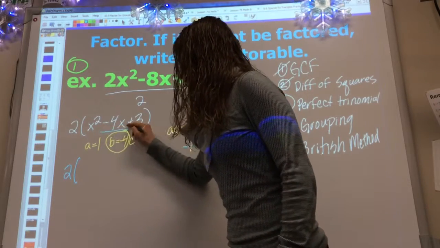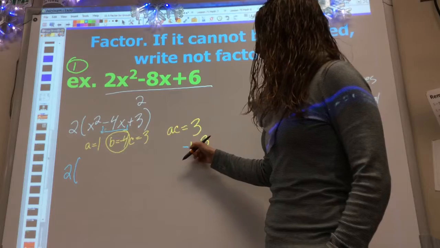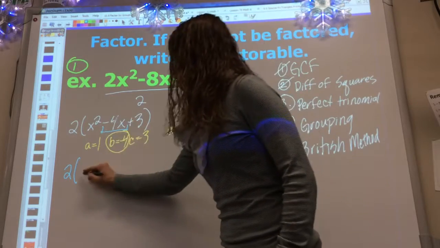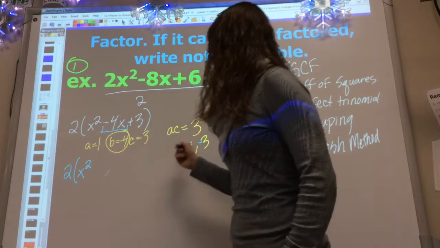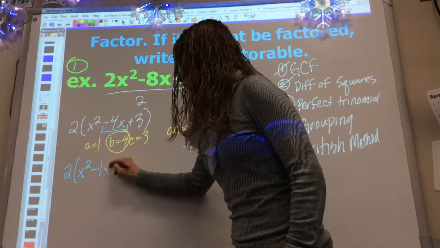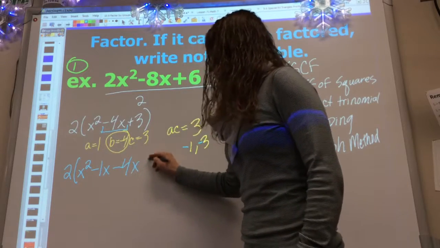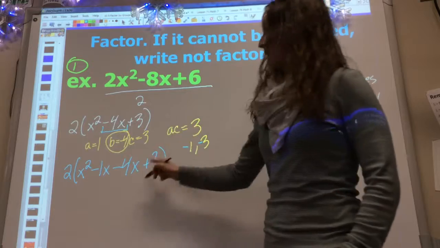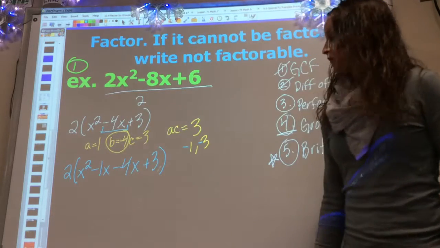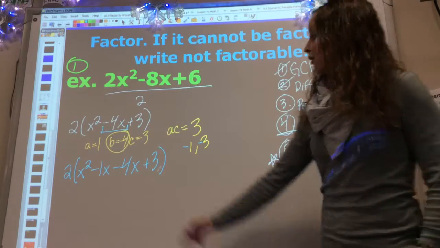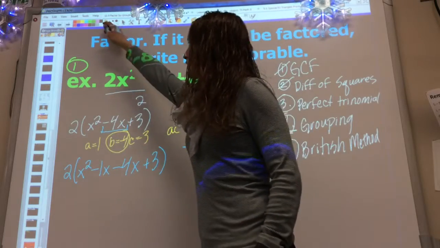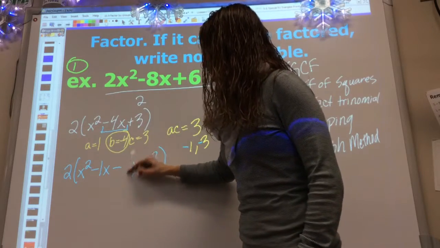We insert our values for our middle term. So we keep everything the same, but now we plug in -1x, -4x, and +3. Does anyone have questions up to this point? -3. Yes, not -4x. Oh, thank you. Okay, I wasn't trying to confuse you. Thanks for the correction.